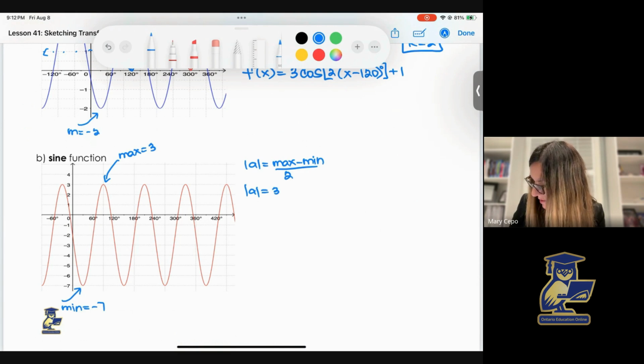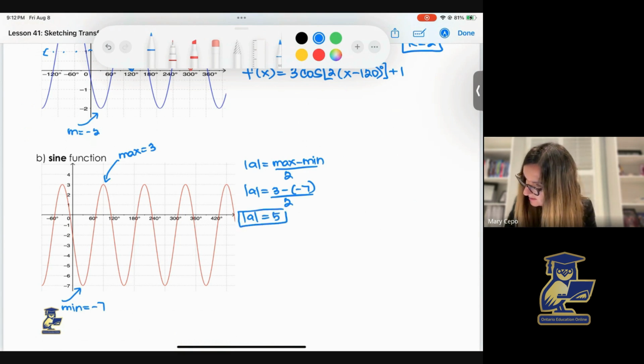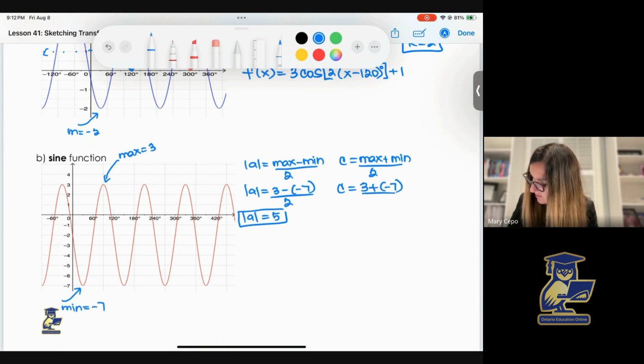Max, which is 3, minus our min, divided by 2: 10 divided by 2, which is 5. C is always max plus our min, divided by 2. C is equal to 3 plus negative 7, which is negative 4, divided by 2, which is negative 2.